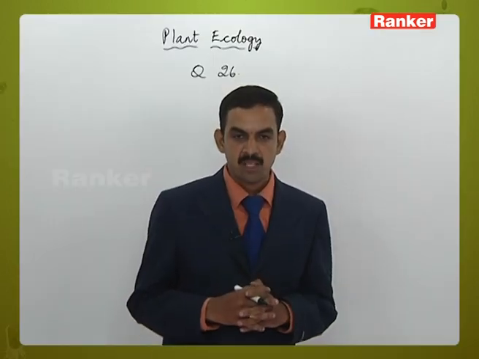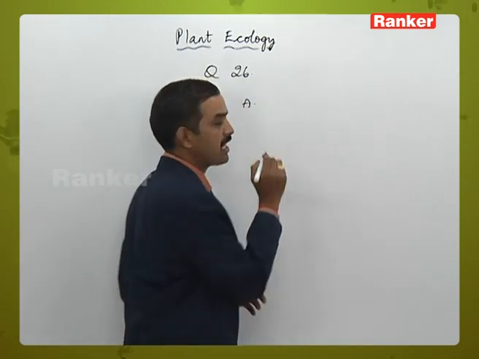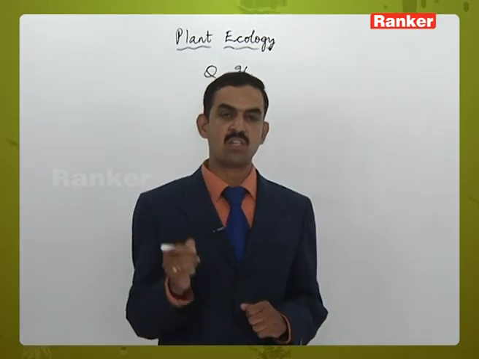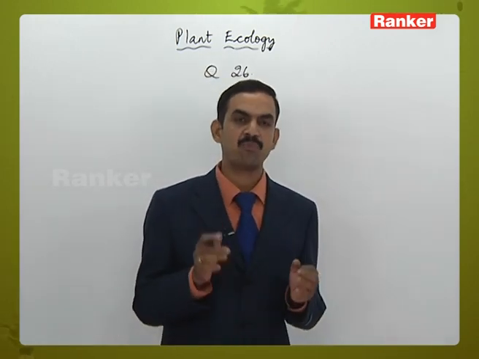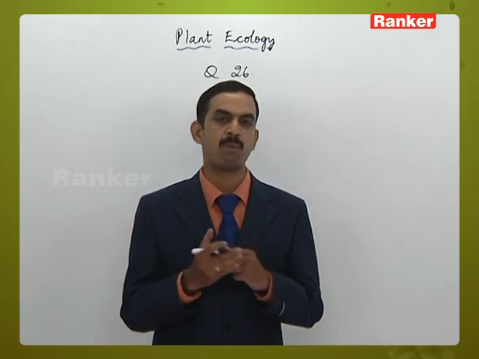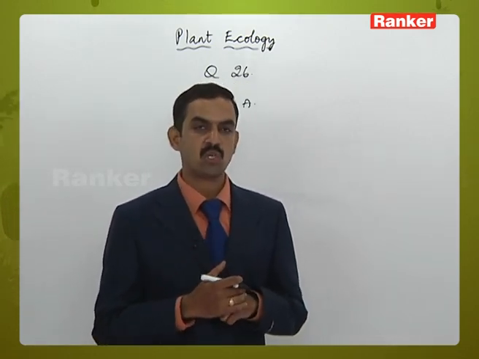So let's come to the assertion statement related to the Opuntia plant. Opuntia is a succulent xerophytic plant in which the stem is modified into a flat green photosynthetic part. Why is it modified so? In order to perform photosynthesis.